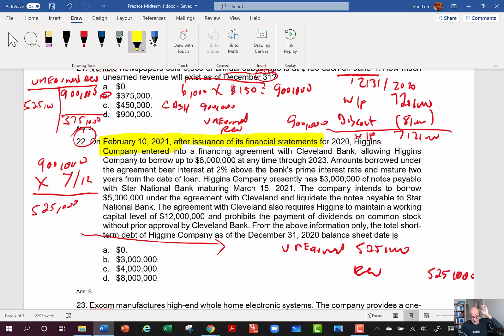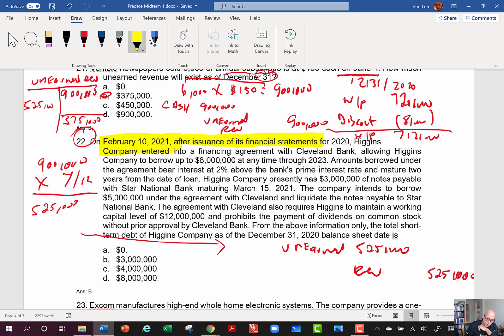Fine, but they hadn't got that contract before year end, and they hadn't executed any refinance before they issued the financial statements. The agreement with Cleveland also requires Higgins to maintain blah, blah, blah.